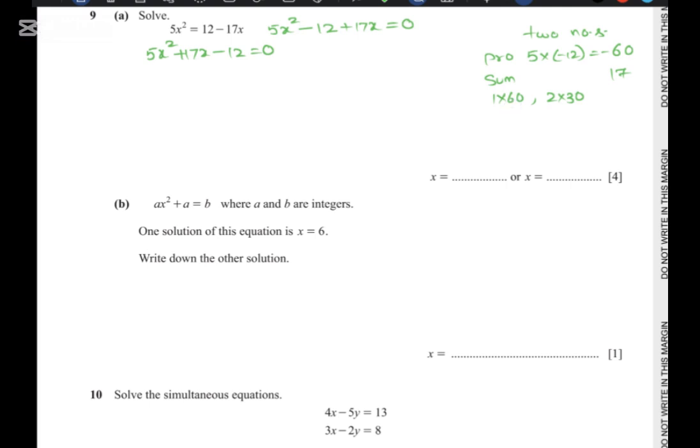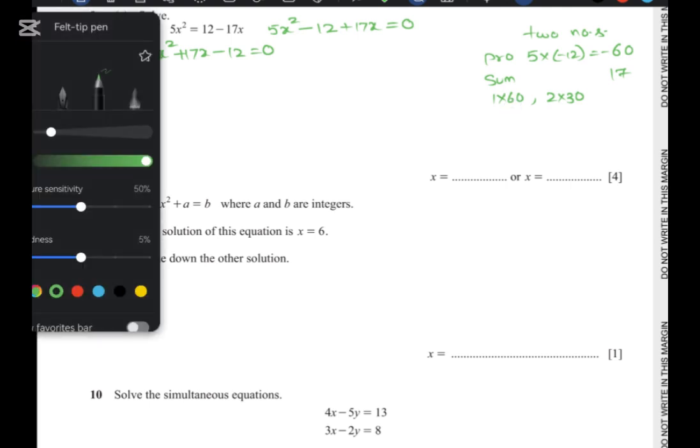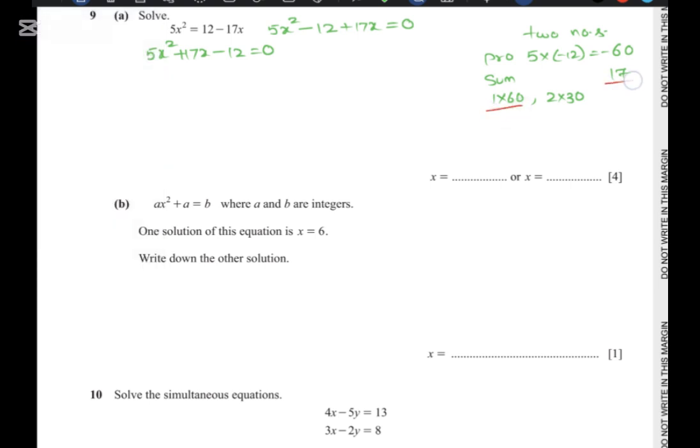1 and 60 cannot be added or subtracted to get 17. Sum can be plus or minus. Same thing if I do for 2 and 30, I can't get 17. And then next I will try with another number, 3. 3 into 20 is 60.